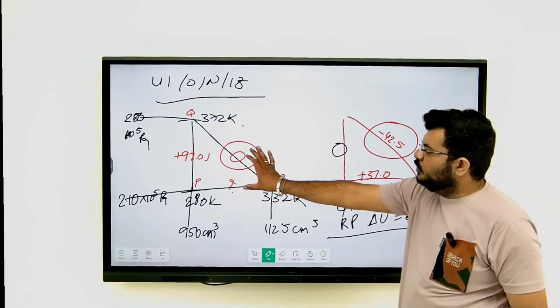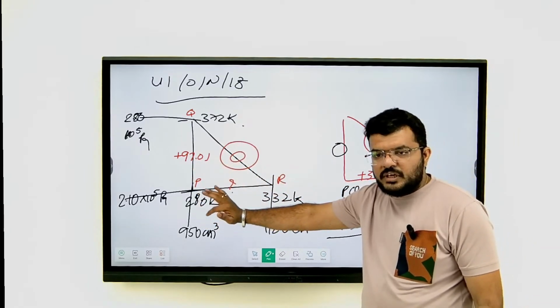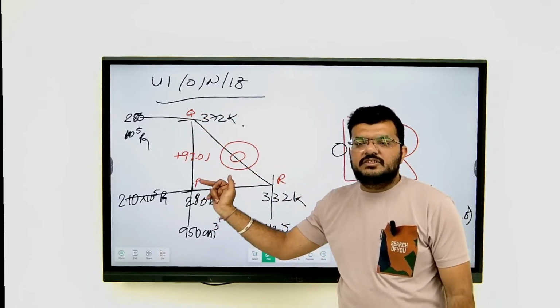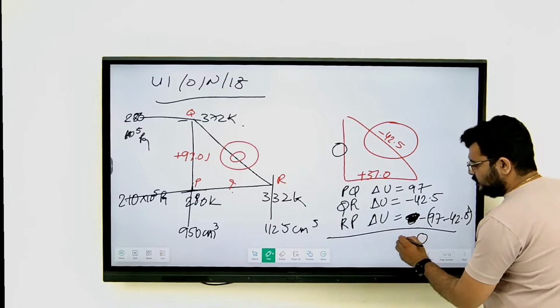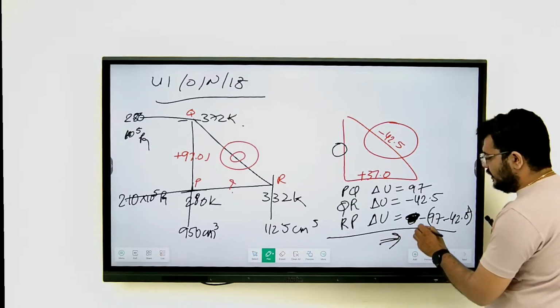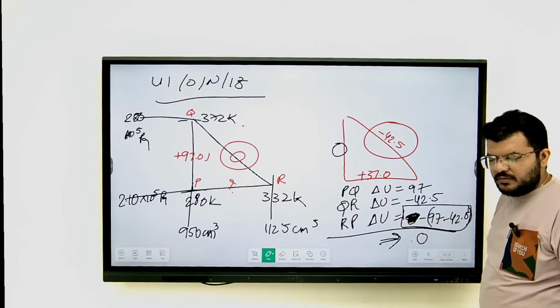The total of these should be 97, but negative 97, only then the total internal energy change is 0. This should be 0, right? You adjust this value in such a way that this total becomes 0, right? What is that value?